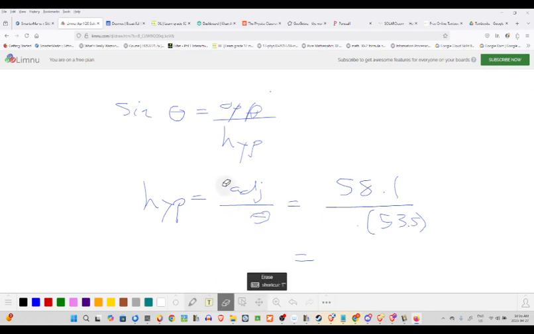So this is also not the adjacent. That is the opposite. So 58.1 divided by the sine of 53.5. That is a match.